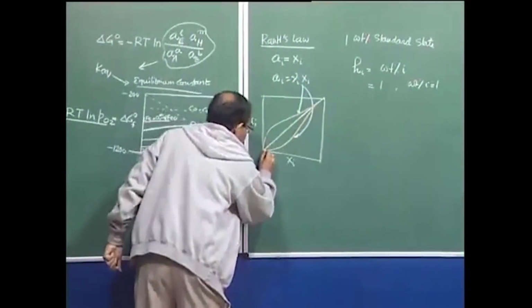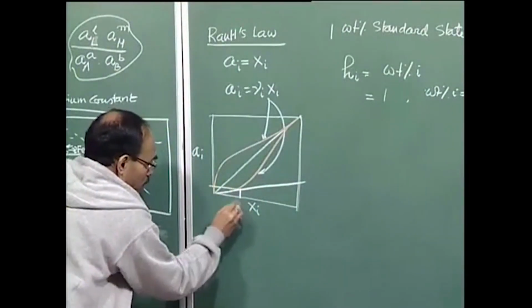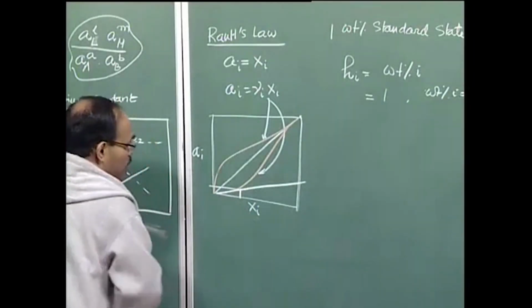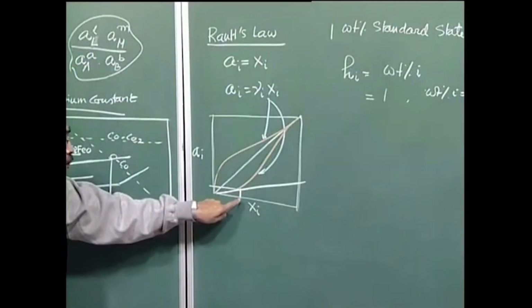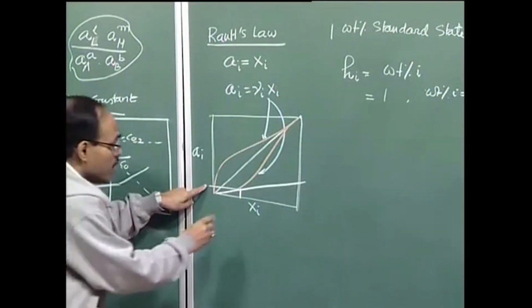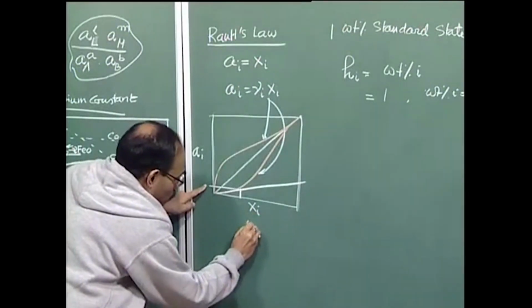So, this will essentially tell us that this activity is equal to 1. So, this is mole fraction equal to 1 and this is activity equal to 1. So, this is 1 and this is 1. Or you can say it is not mole fraction but weight percentage.